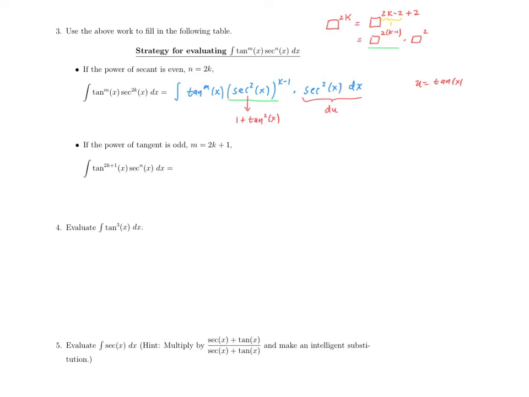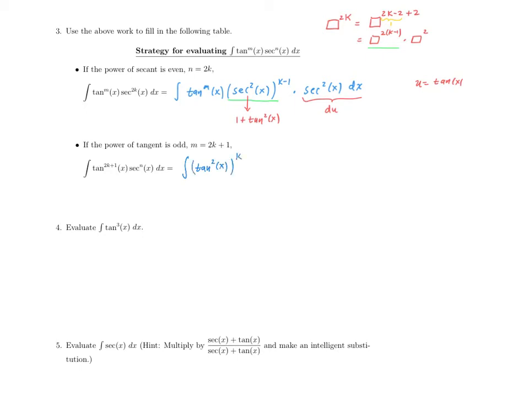Note, if the power of tangent is odd, our second example on the previous page, we can apply a similar strategy. In this case, we're going to steal or borrow one power of tangent and one power of secant. We're saving them to play the role of our du. So in this case, we could say tangent to the 2k plus 1 is tangent squared to the kth power.